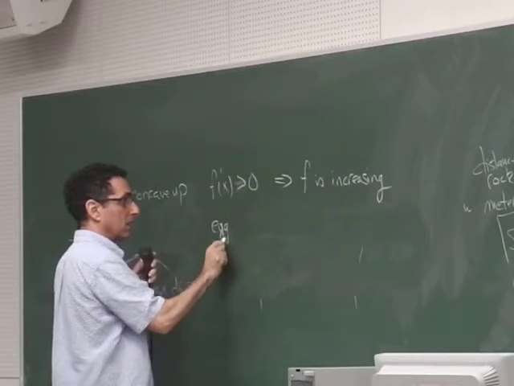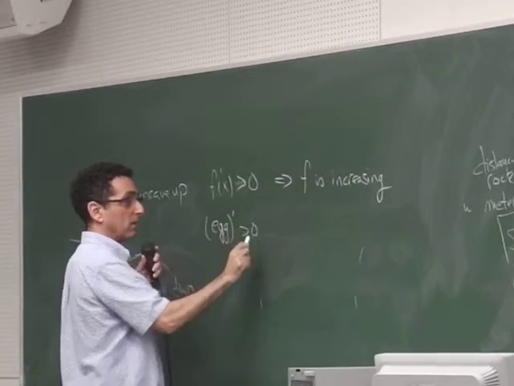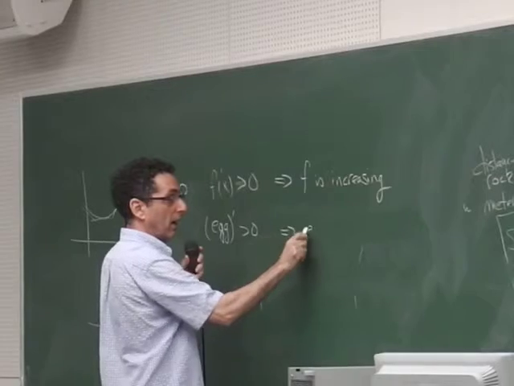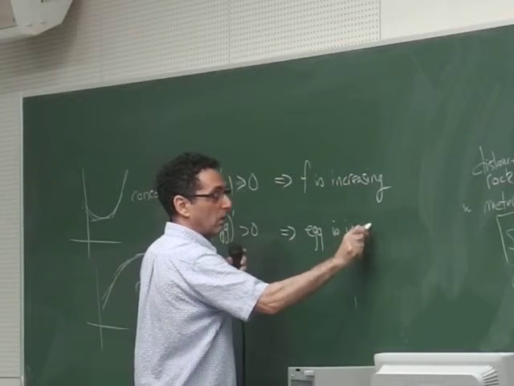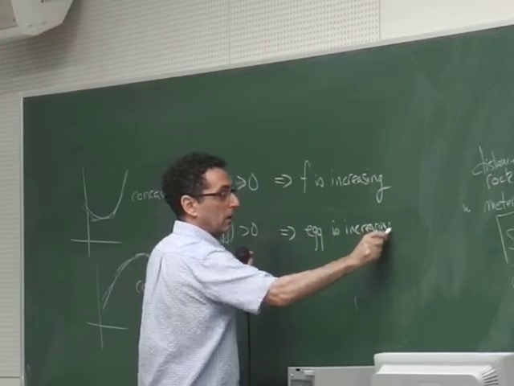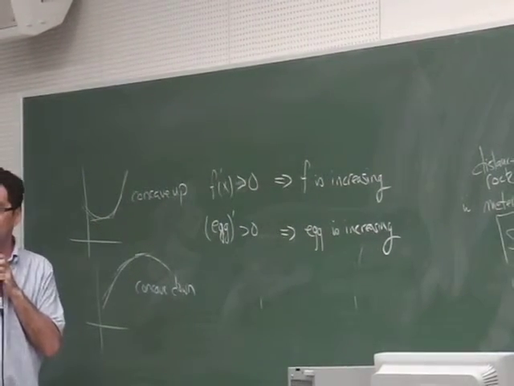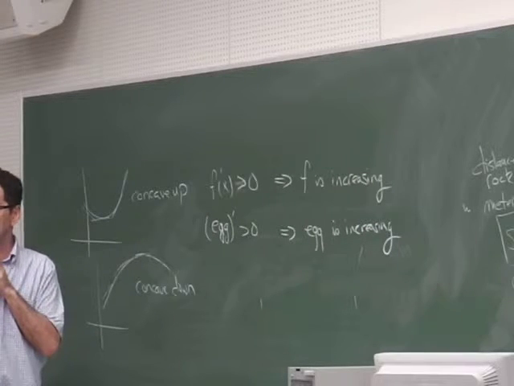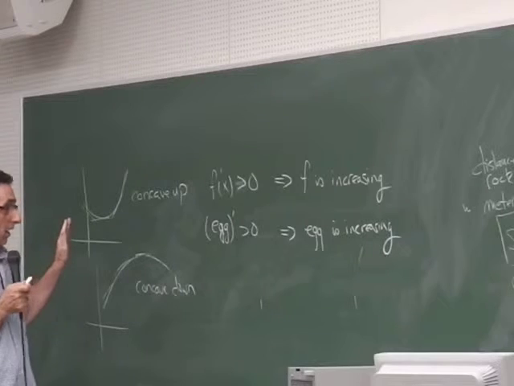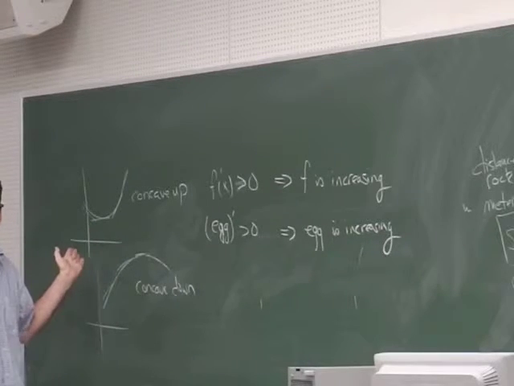It doesn't make any sense, but I could say, if the derivative of egg is positive, that means what? Egg is increasing, right? So it doesn't matter what I put in there. You agree or not? Okay? So I'm going to put something special in there, and that will prove my point that the second derivative will tell us whether it's concave up or concave down.